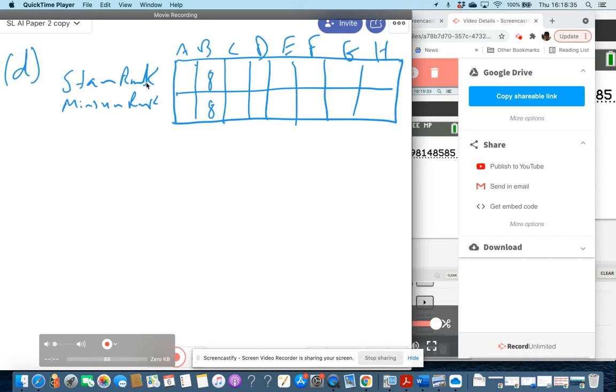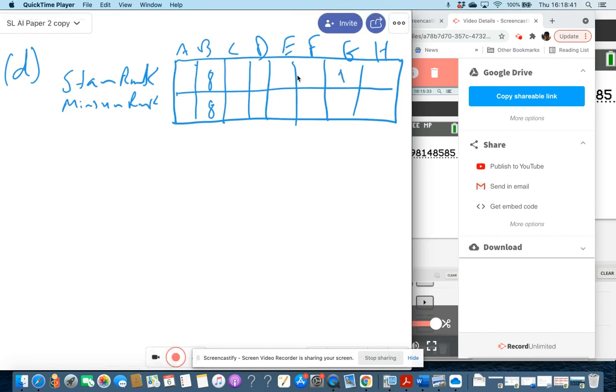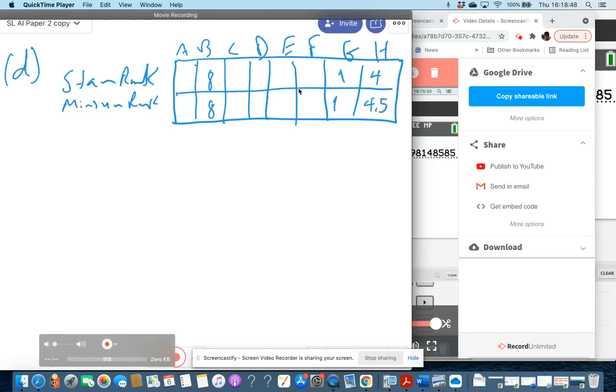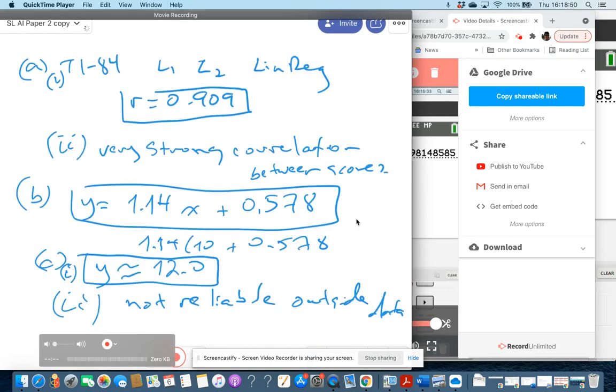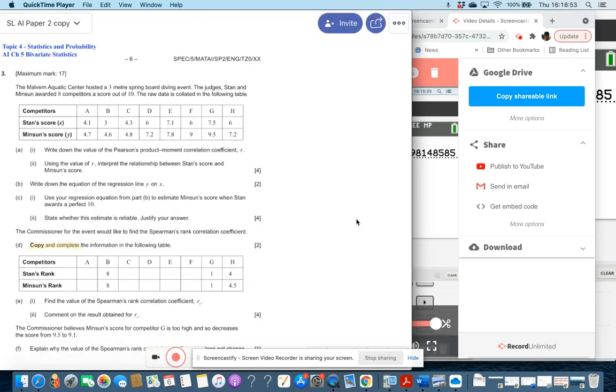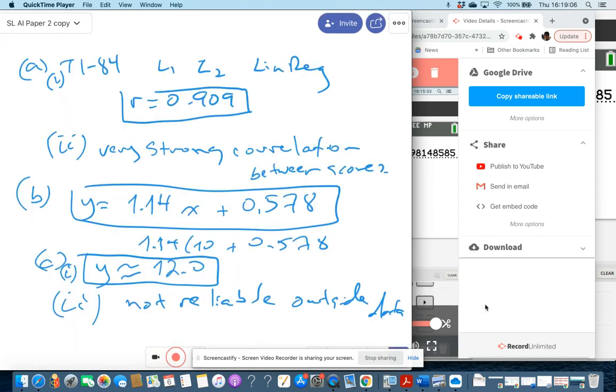Stan's rank and Min Sun's rank, and they filled in some more information here. 1 out here, 1 there. That's the top score. Like I mentioned before, 7.5 was Stan's top score. Actually, 9.5 was Min Sun's top score.